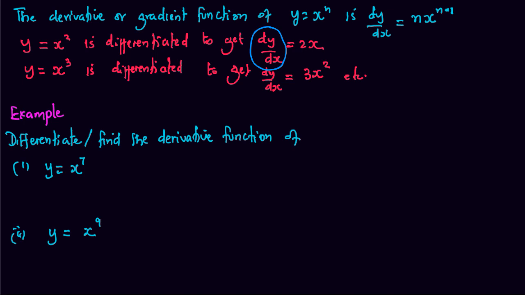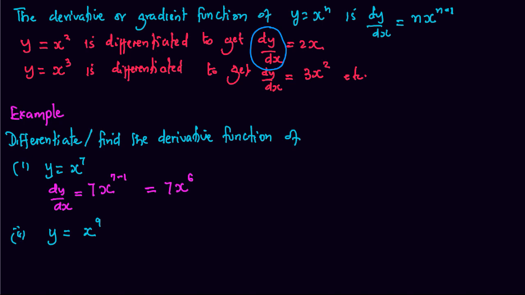So in this case, dy over dx is equal to, the power becomes the coefficient of x, and the power reduces by 1, which gives us 7x raised to power 6.